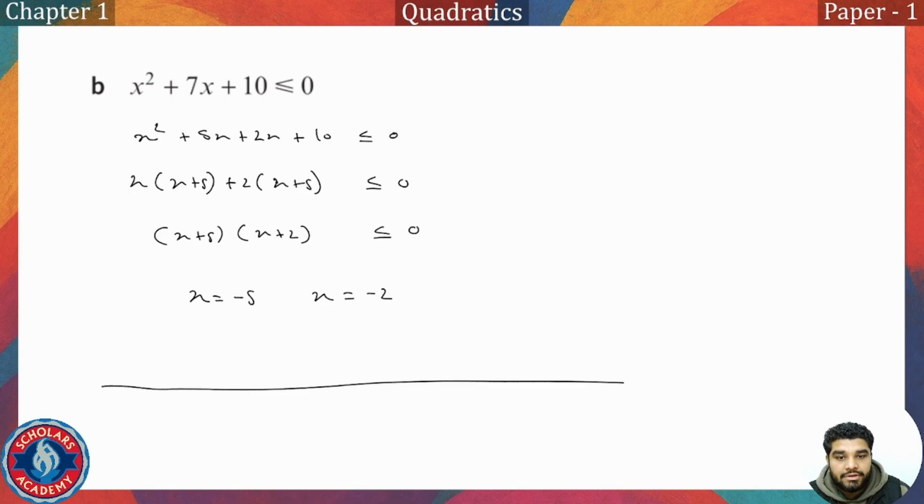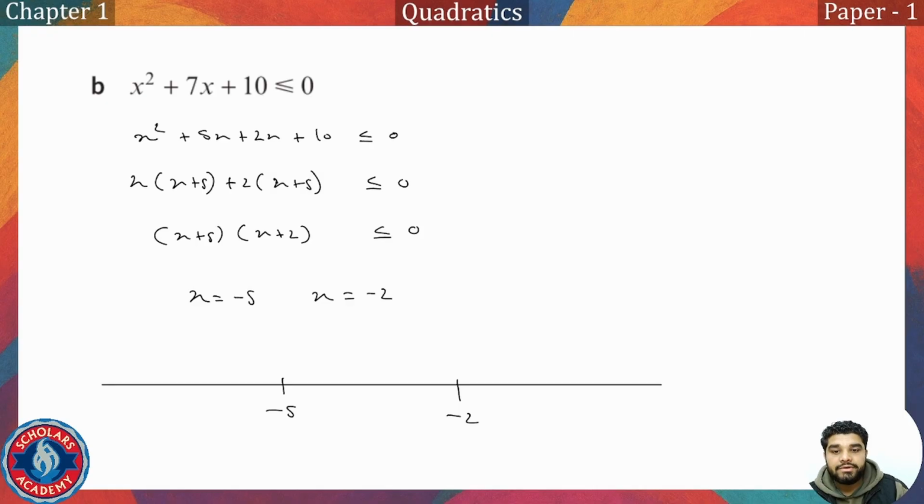So we break the real line into three parts: negative 5, negative 2. So these are the three intervals. We need that interval whose x's give us a negative value for this quadratic expression. So let's choose.